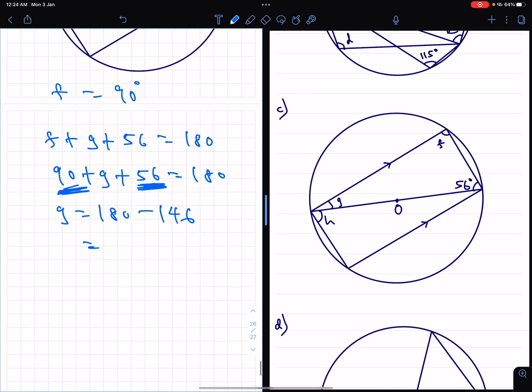So that means G is 180 minus 146 degrees, which is 34 degrees.